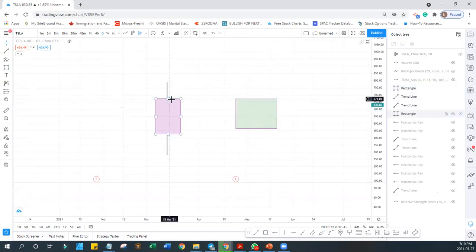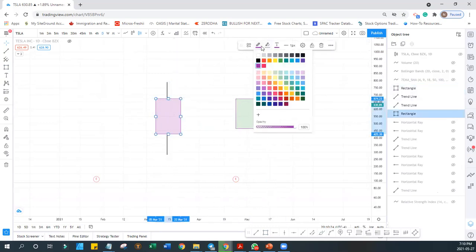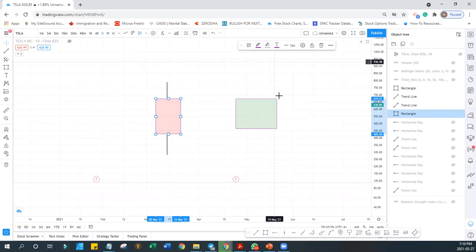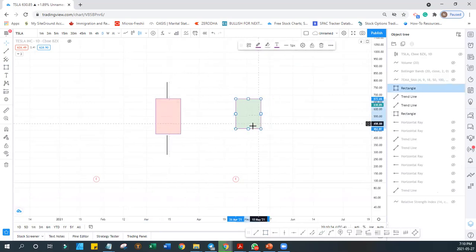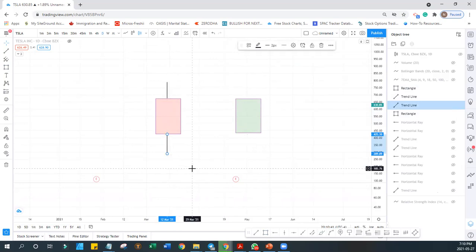I'm gonna make this one a green body and this one red, which makes it easier. The red body is bearish. The green body is bullish. The only difference you can find here is how the candle opens and how the candle closes.